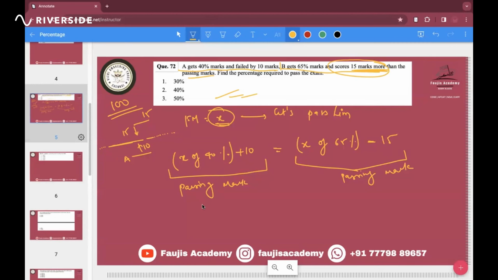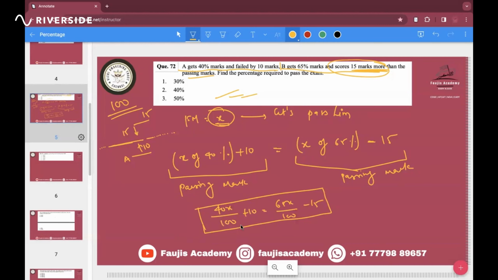Now you solve this. If we solve this, how will this equation look? 40x divided by 100 plus 10 is equal to 65x divided by 100 minus 15. Do you find any problem in solving it?